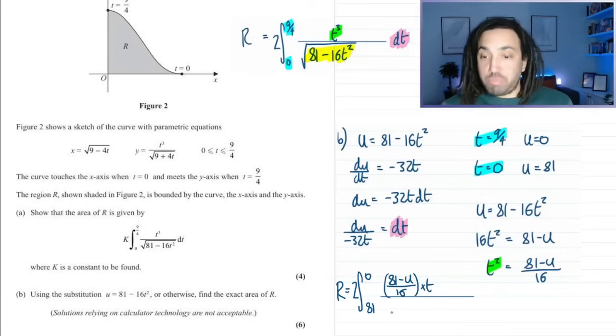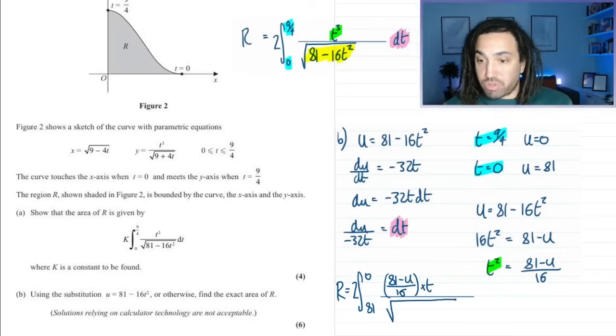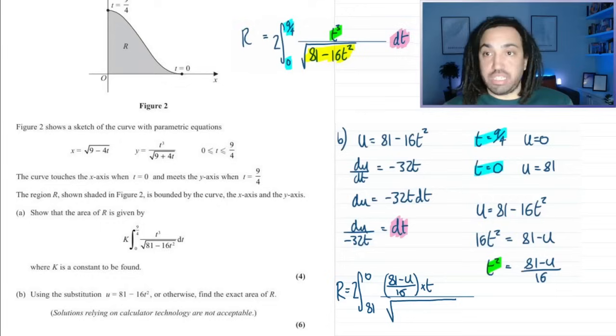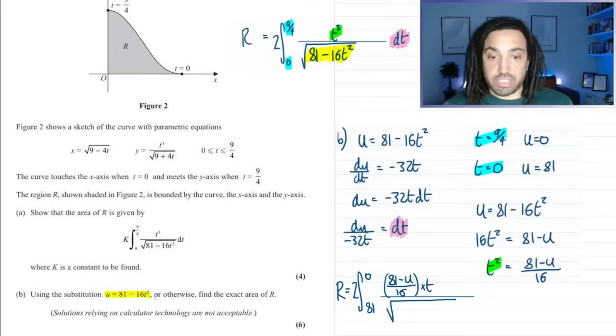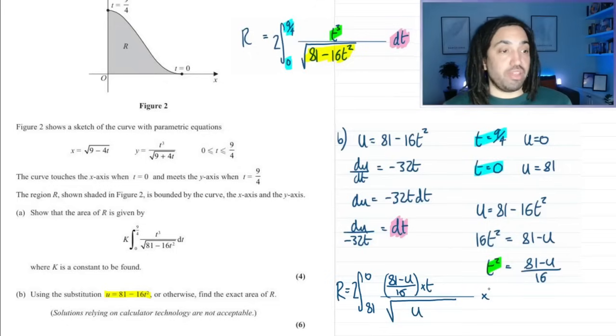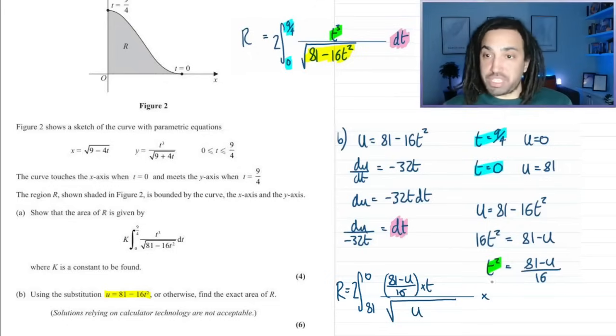On the bottom we have the square root of the yellow bit, which was this, which is just u, and then we're going to multiply that by the pink bit, which is dt, which is du over minus 32.